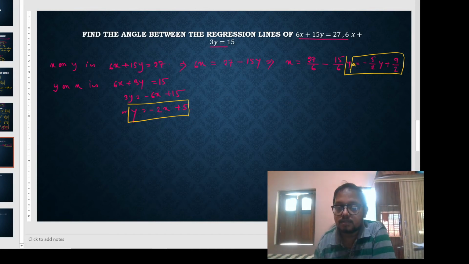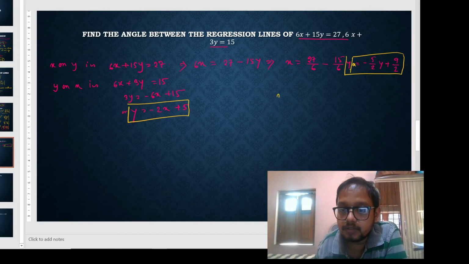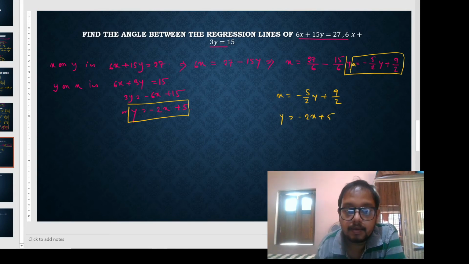So from here you can see that we have the equations x is equal to minus 5 by 2 y plus 9 by 2, and y is equal to minus 2x plus 5. This is the regression line of x on y, and this is y on x.